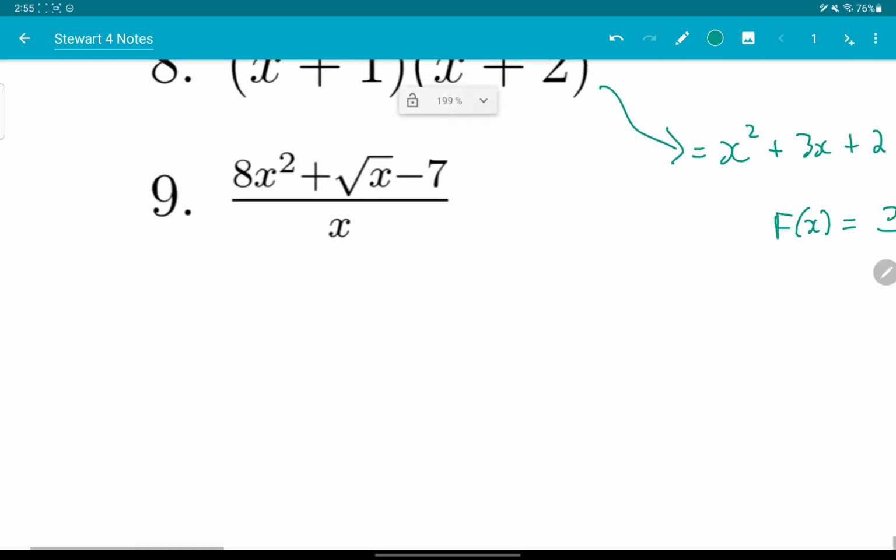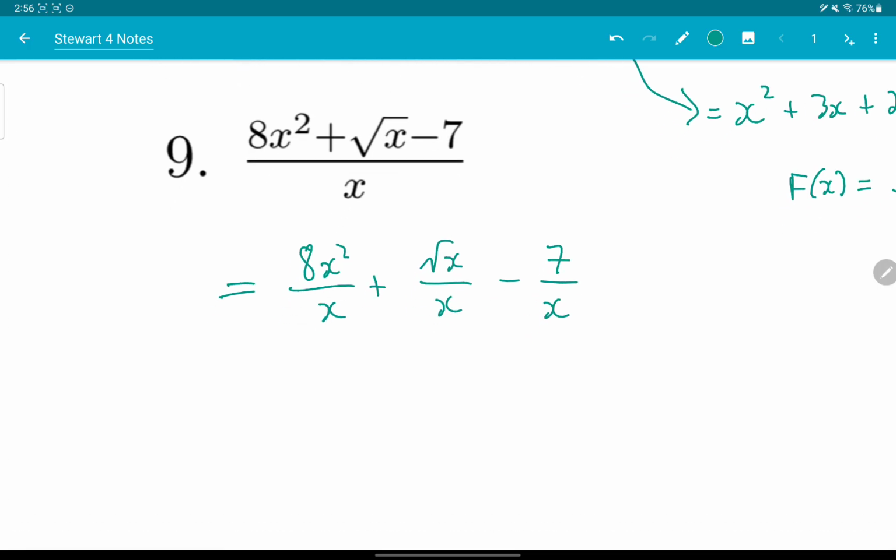Finally, this guy I need to break up into 3 fractions in the obvious way. I should simplify each one. Here I got 8x plus x to the minus 1/2.